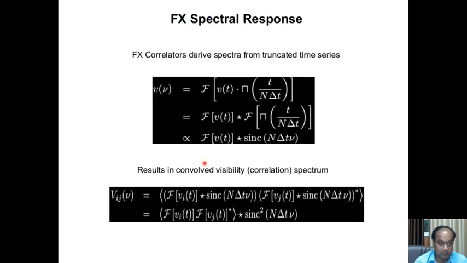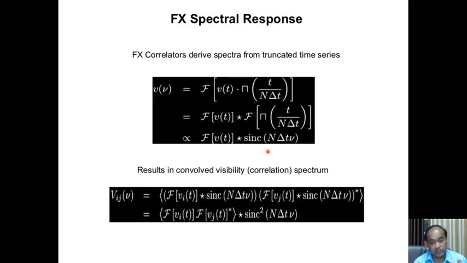This is one of the schemes, and you can solve it mathematically. When you do a Fourier transform of the signal, it is basically the multiplication of the voltage by its response function. And when you do a Fourier transform of two functions which are multiplied, it becomes the Fourier transform of one function convolved with the Fourier transform of the other function. So every time you do a Fourier transform of the voltage series, you generate a Fourier transform of the voltage, but it is convolved by a sinc function.